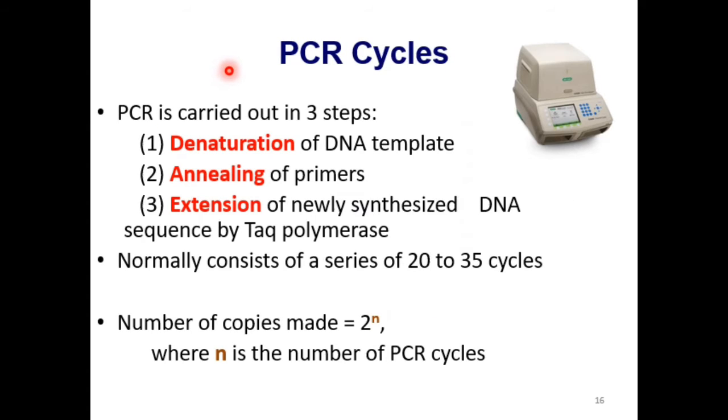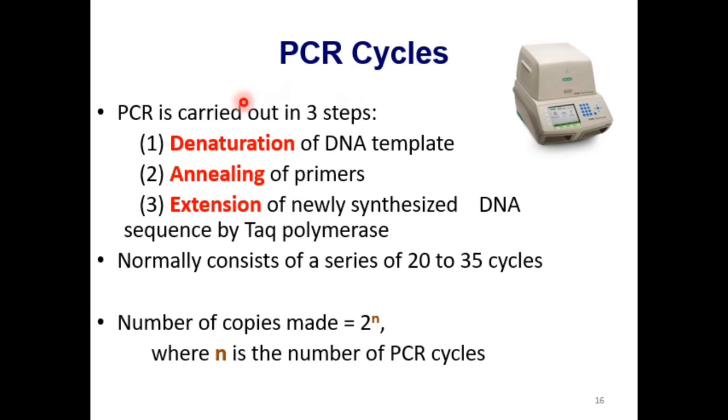So PCR basically consists of 3 steps. The first step is denaturation, in which there will be a separation of the 2 strands of the DNA from each other; annealing of the primers, where the primer specifies the region of the DNA to be copied; and extension, when there is the copying process or new synthesis of the DNA.